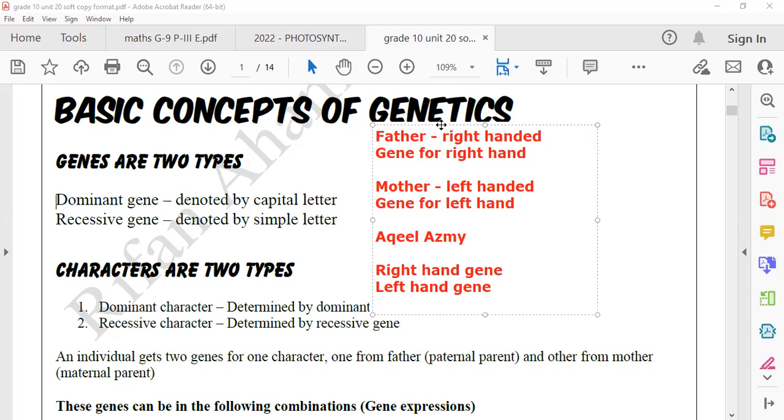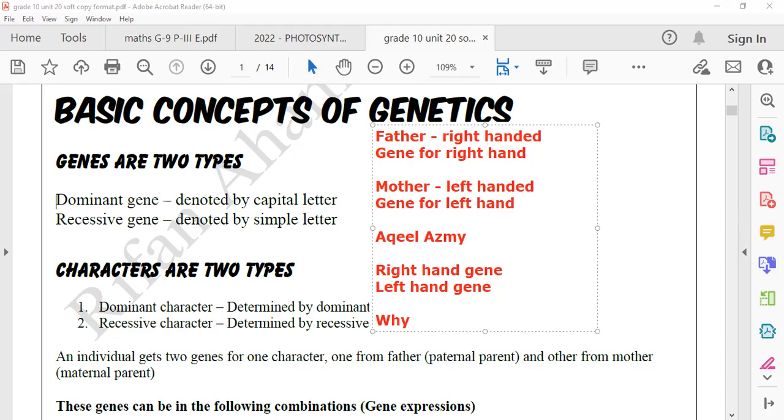So in Akil Azmi's every cell, there is a right hand gene and there is a, what is it? Left hand gene. Understood? Are you clear? Yes, sir.